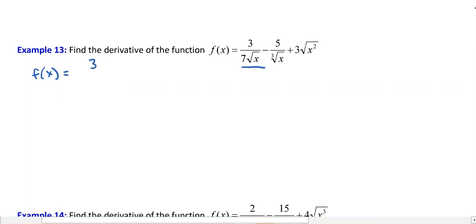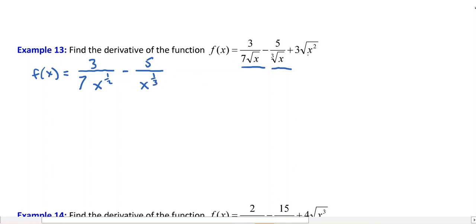I have a 3 in the numerator, and in the denominator, I'm going to write this as 7x to the 1/2 power, minus the second term, I have a 5 in the numerator, and in the denominator, I'm going to rewrite the cube root of x as x to the 1/3 power.